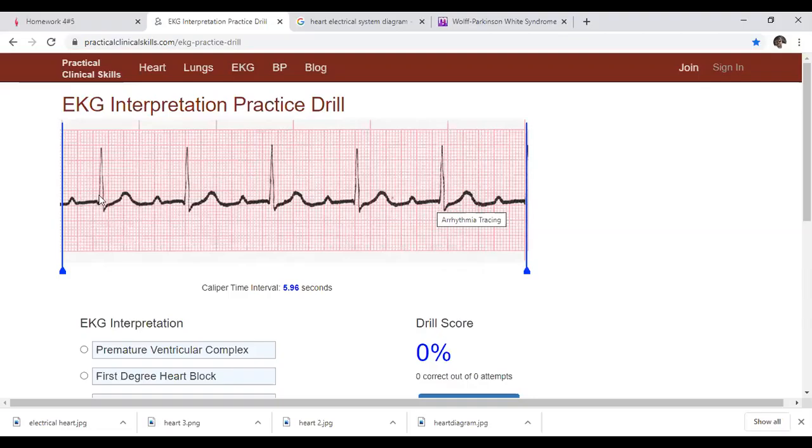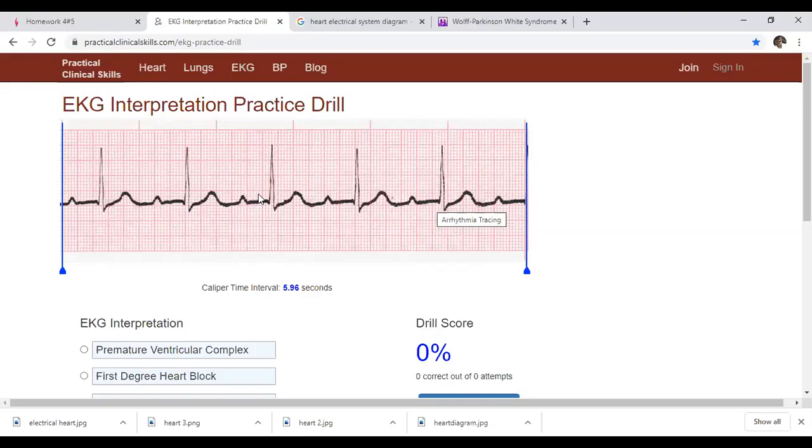It's about 6 or 7 small boxes between the P and the R. There should only be 5 small boxes, not big boxes. So 1, 2, 3, 4, 5, 6, 7, 8. It's about 8 or 9 small boxes apart.